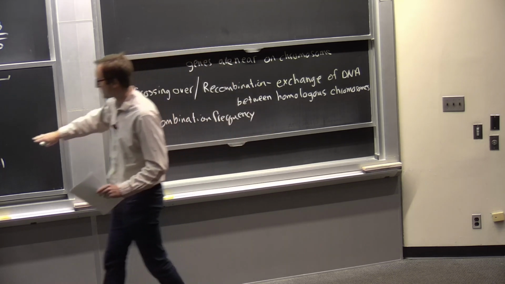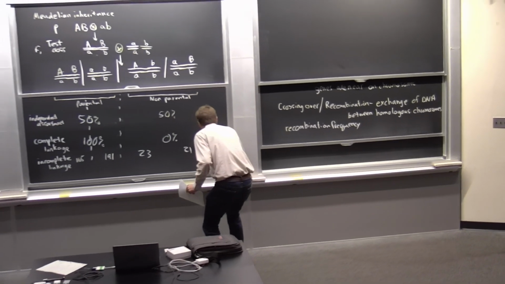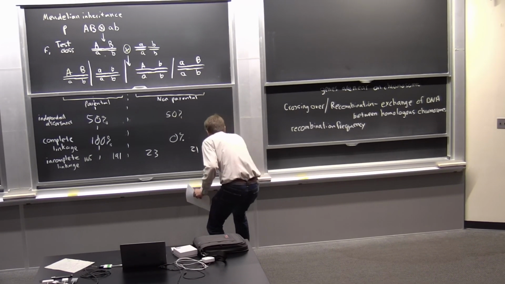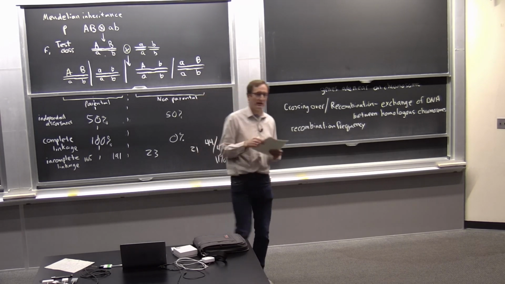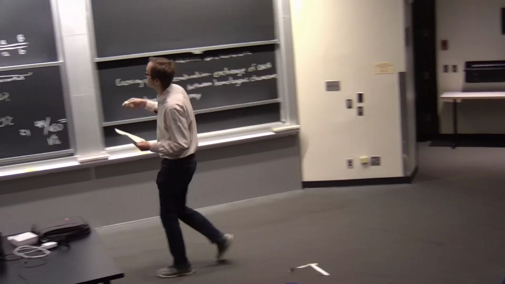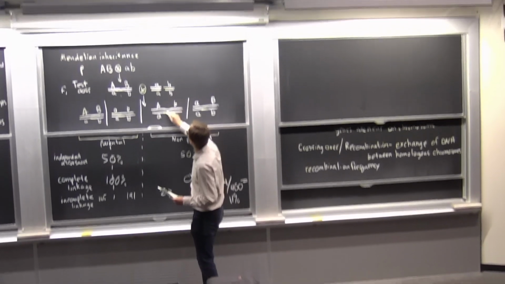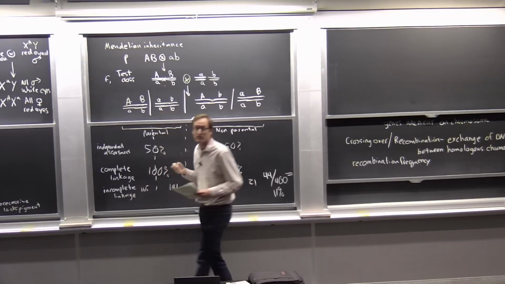And in this case, the recombination frequency is 44 over 400, which is equal to 11%. Okay? So 11% of the progeny from this cross had some sort of crossing over between the A and B alleles. It would have been up here. Okay?